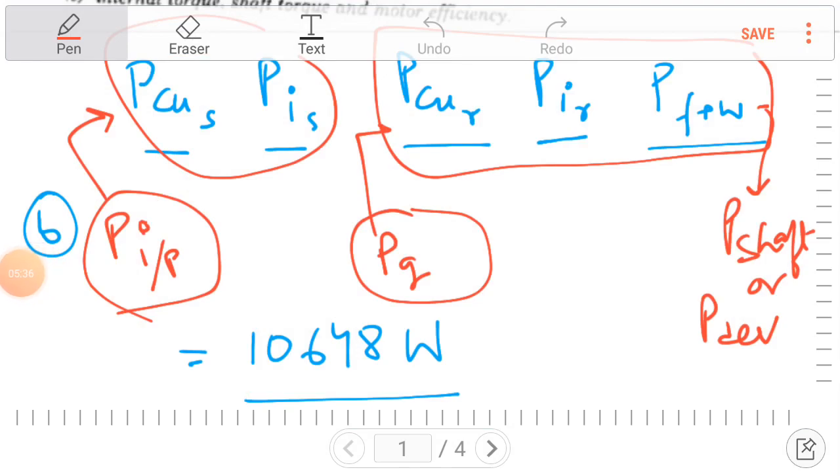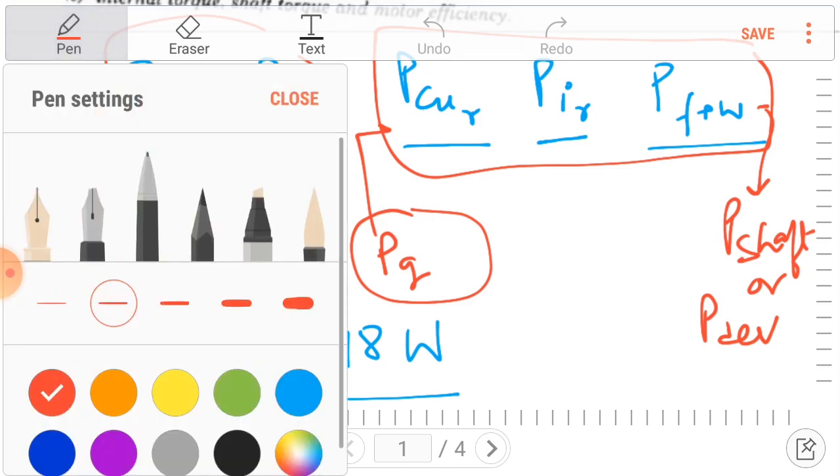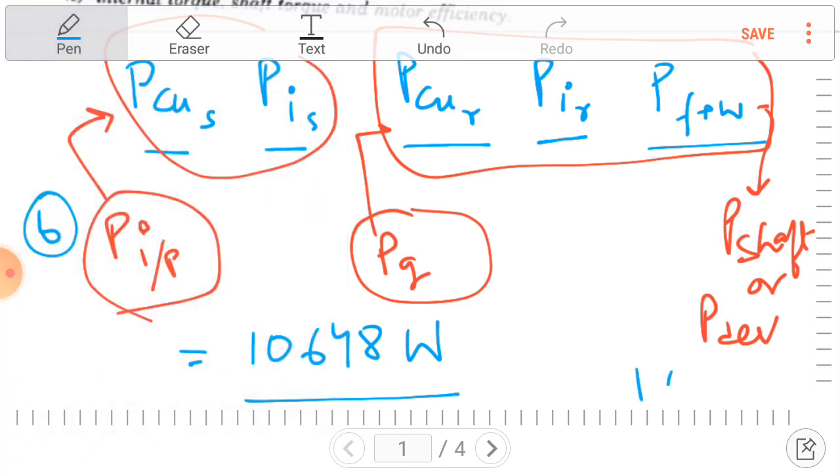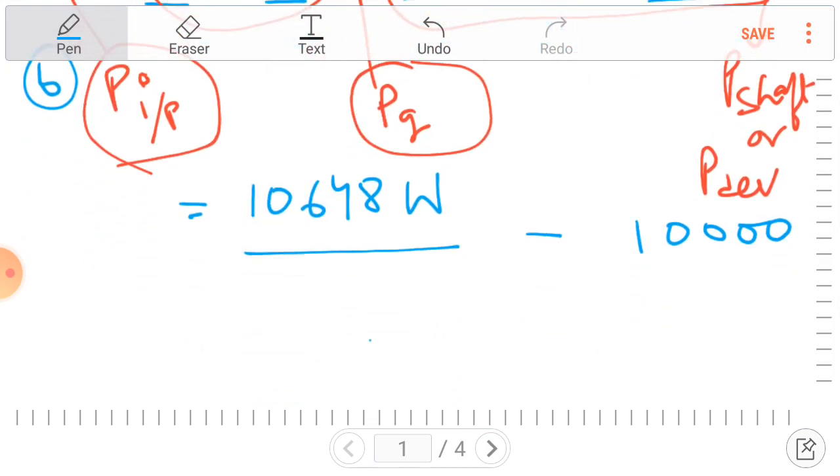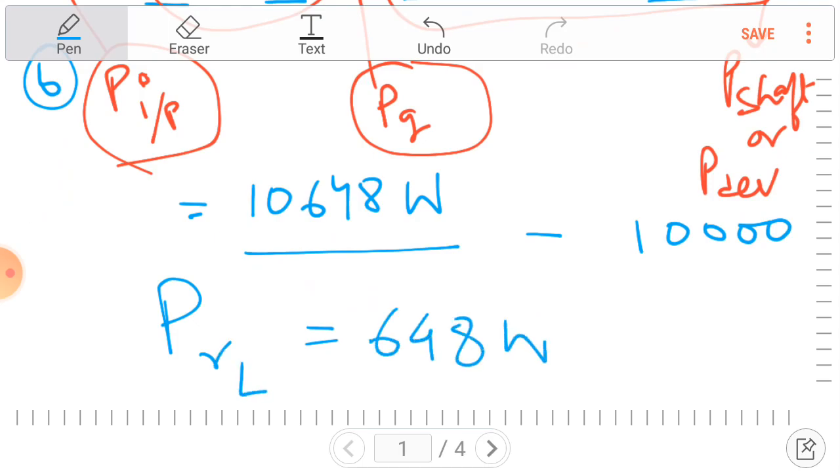After total rotor losses we get the shaft power, which is given in the problem as 10,000 watt. So the difference between them is total losses at the rotor side. So that rotor side loss will be equal to 648 watt.